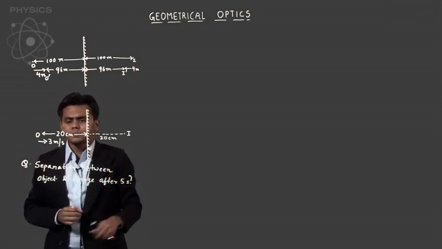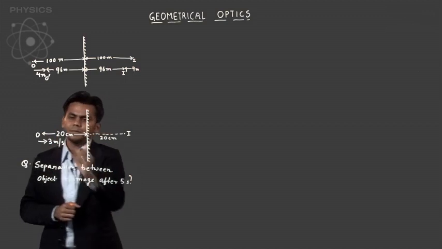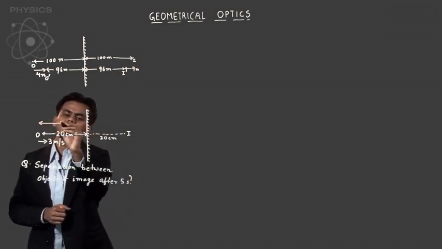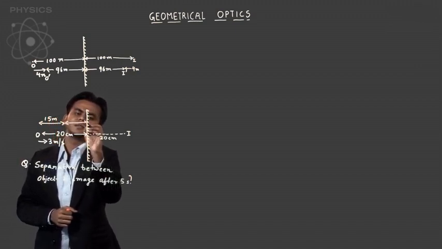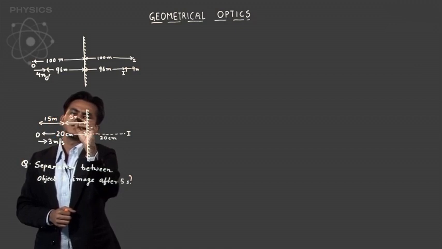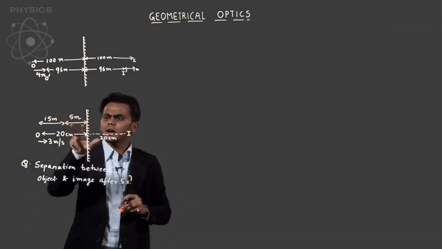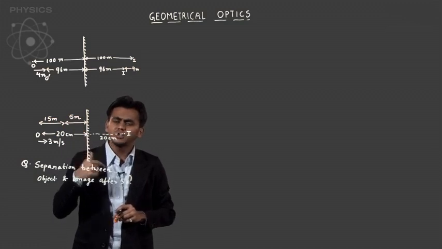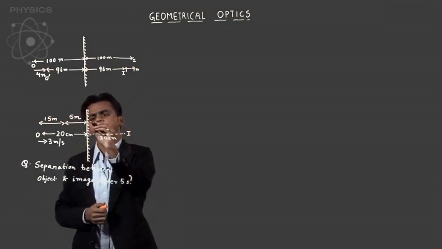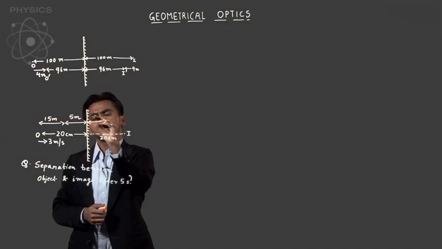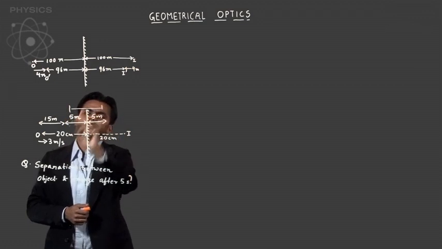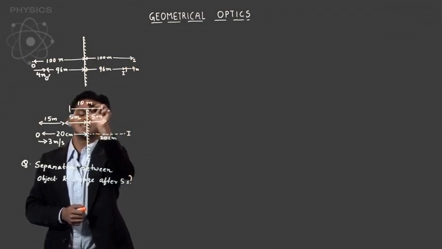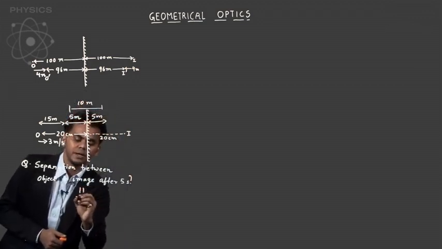So after 5 seconds, it would move towards the mirror by 5 into 3, 15 meters, which means now my object is 5 meters away from the mirror, which means the image would also be 5 meters away from the mirror. So this is my separation, 10 meters, and this is your answer. This is equal to 10 meters.